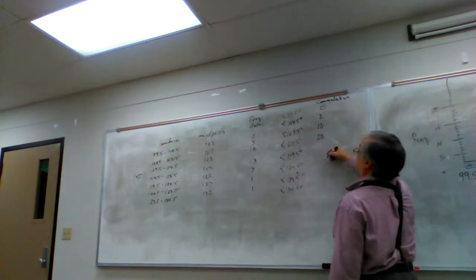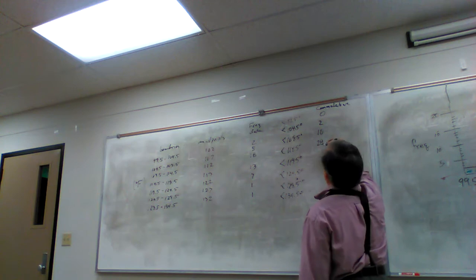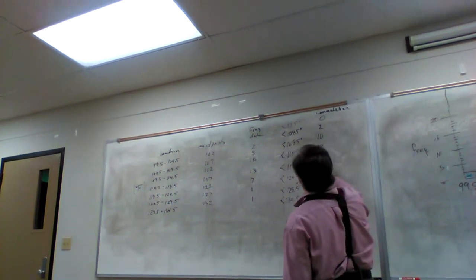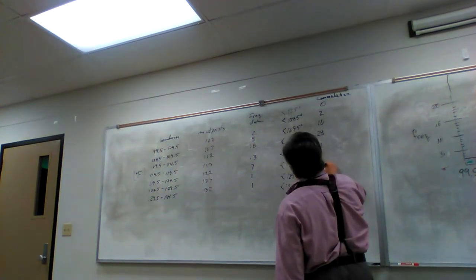Okay, next we add 13 to that. That brings us to 41. And to that we add 7, which brings us to 48. And we add 1, which gives us 49. And we add 1 more, and that gives us 50.